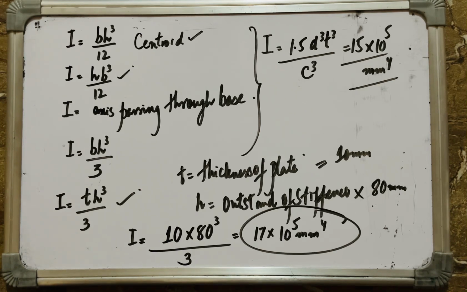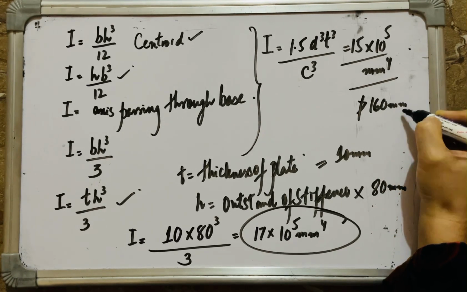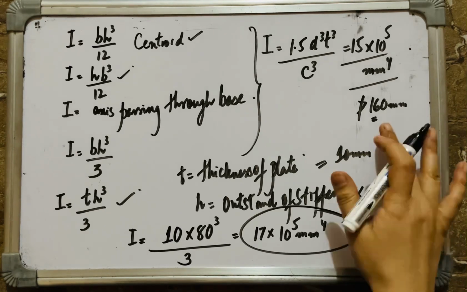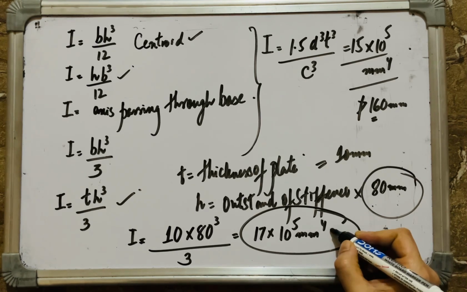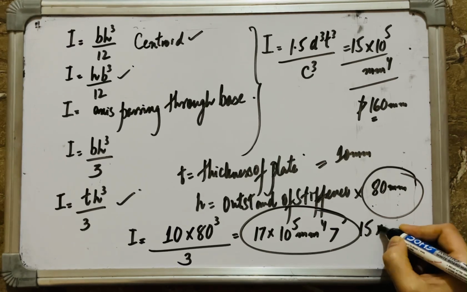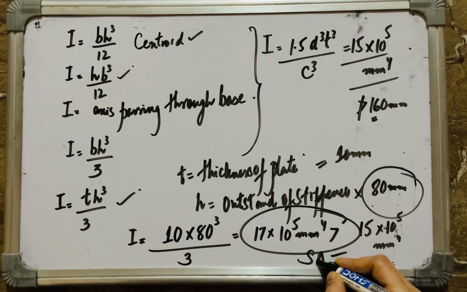It should not be greater than 16 times t for the rolled sections that we have, and it is definitely not greater than 16 times thickness, that is 160 mm. We just chose 80 mm. If we adopt this plate 10 mm by 80 mm, it has a moment of inertia of 17 into 10 raised power 5 mm^4, which is definitely greater than 15 into 10 raised power 5. Hence, our section is absolutely safe.